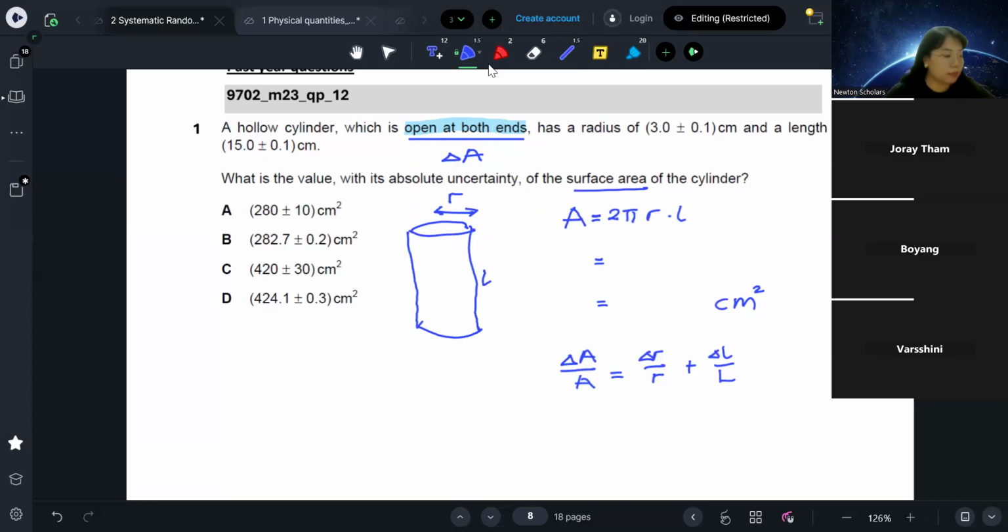Try and then tell me your answer. R times the length, so this is multiply. For multiply, we find the fraction, then we add it up together.